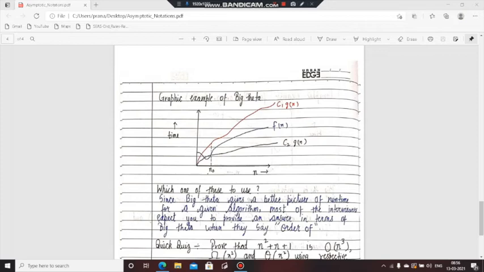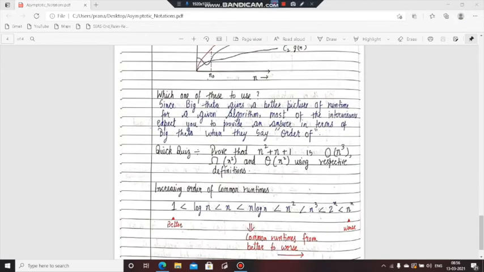Now, which one of these to use? That's a very nice question. I've already told you about it. Since big theta gives us a better picture of the runtime for a given algorithm, most interviewers expect you to provide an answer in terms of big theta when they say order of growth or order of.